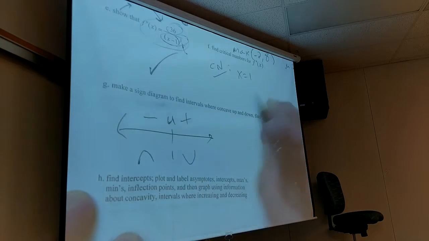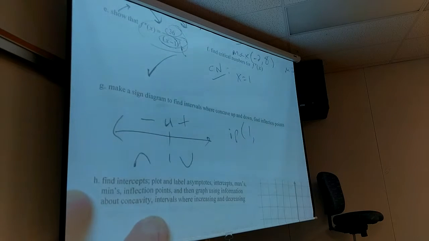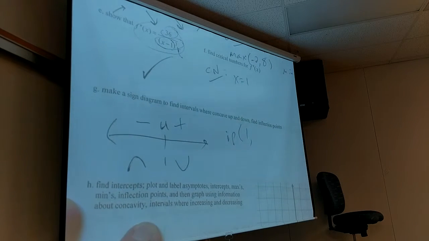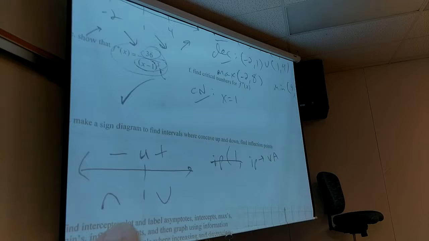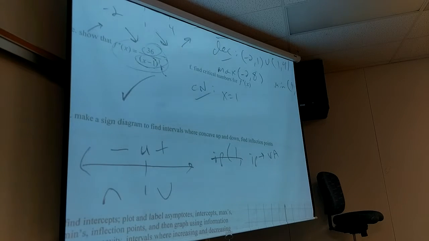Up here is concave up. So the inflection point is interesting. The inflection point is actually the vertical asymptote. So it kind of makes sense. If I have a vertical asymptote, things can completely change on the other side. That's why critical numbers also come from where things are undefined.